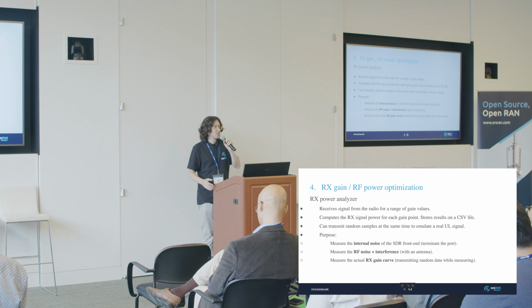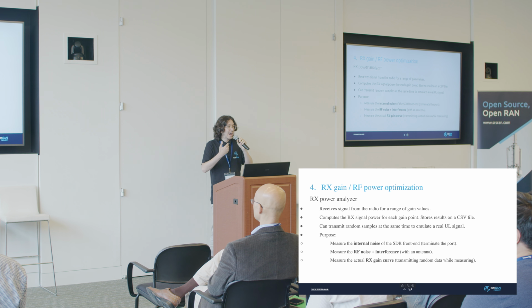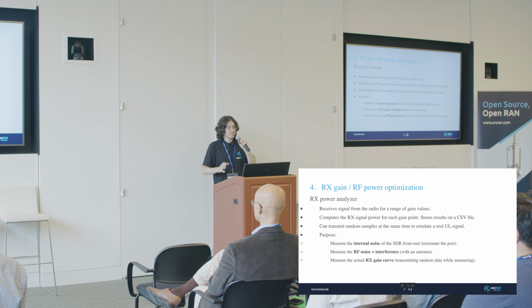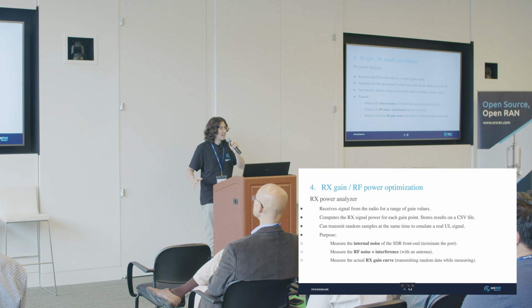The usefulness of this is that it allows you to characterize the receive gain, basically how the actual receive gain of the USRP is affected when you change the RX gain parameter in the gNB. The reason why this could be important is because you will find out, if you do it, that it is not a linear curve.